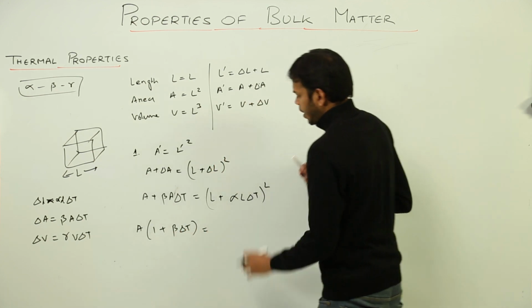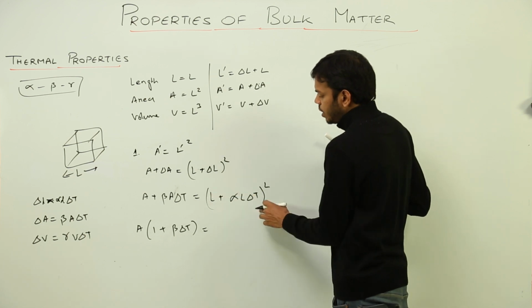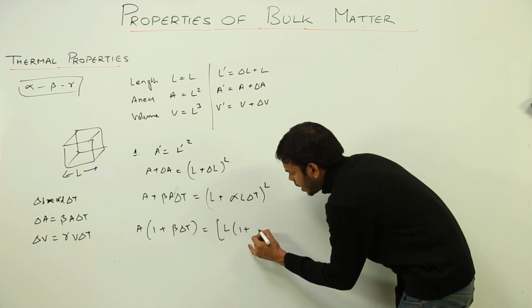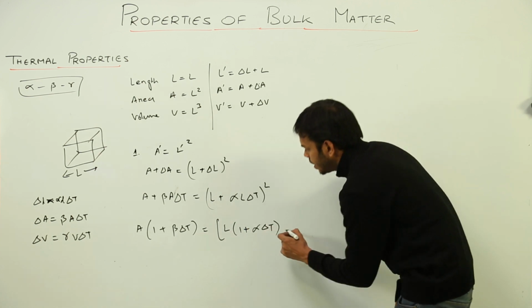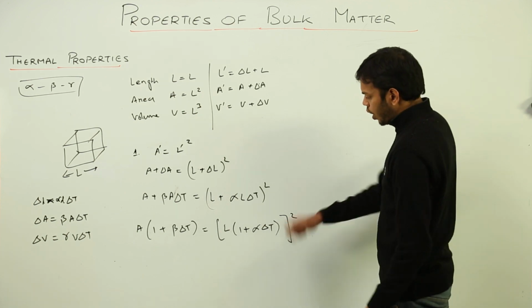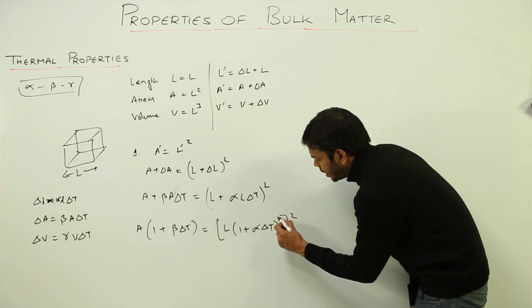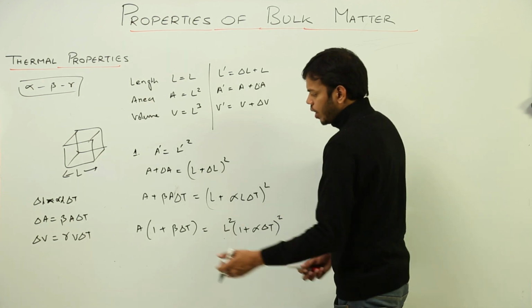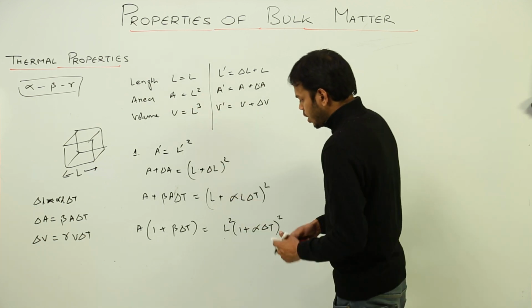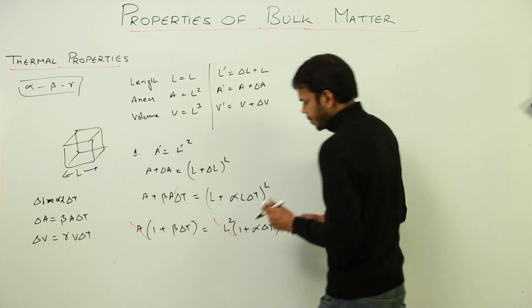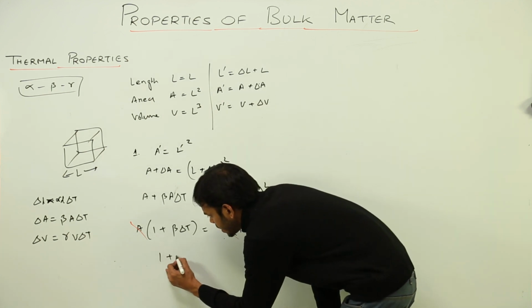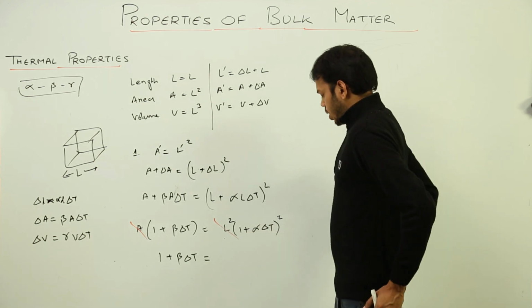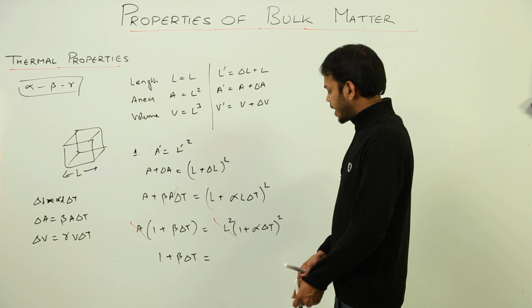This is equal to, if I take L common out from inside the bracket, I'll be left with 1 plus alpha delta T, whole square. Or I'm putting the square inside, it will be square here and square here, right? So the outside is gone. Or A is equal to L square, so you can cancel out these two terms. Now we are left with 1 plus beta delta T is equal to the square of 1 plus alpha delta T. So just use the formula and expand it.